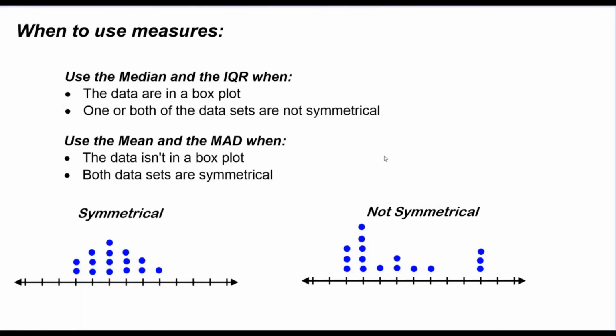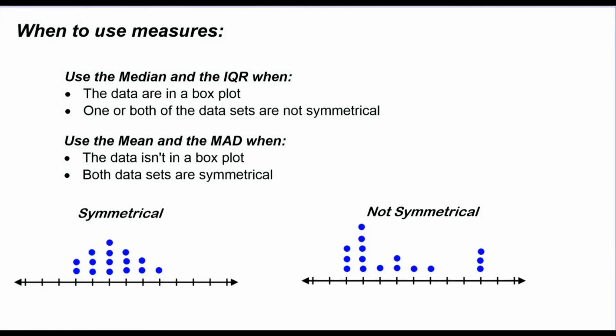Or when one or both of the data sets are not symmetrical. So what does that mean for a data set to be symmetrical? I have an example below. If you have a dot plot or dot plots for your data, the one on the left is what a symmetrical data set would look like. It kind of looks like each side is almost a mirror image of the other side.